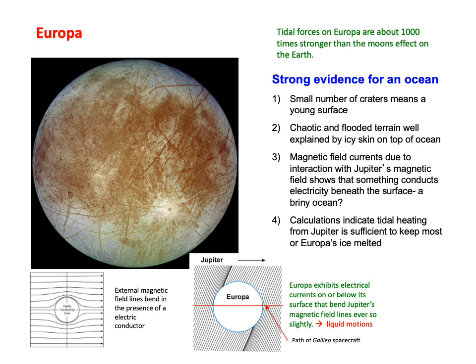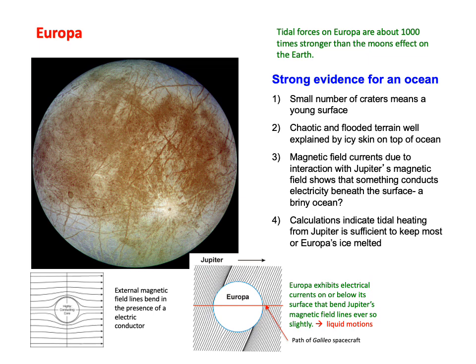Now, there's a couple things about Europa that would suggest that there's evidence for an ocean. There's a small number of craters, and that means that the surface is being repaved all the time, that it's a young surface. So something is happening that is basically smoothing out the surface with time.